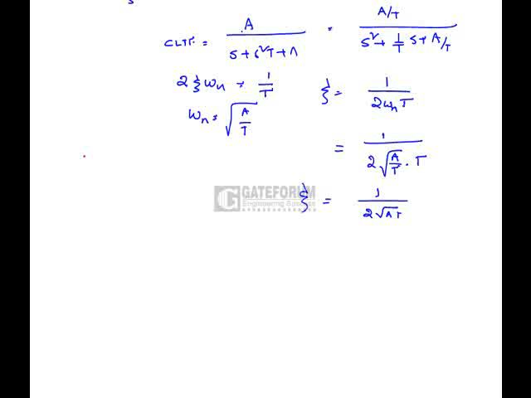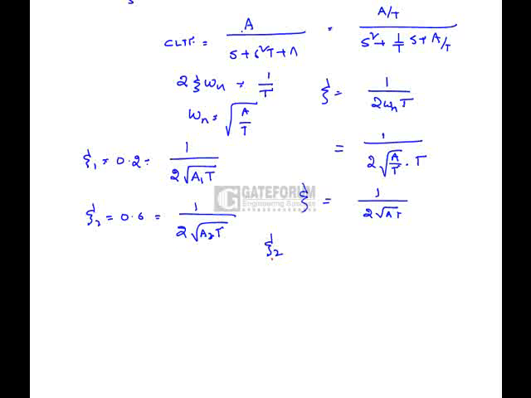This is the zeta. Zeta 1 is 0.2, which is 1 by 2 under root A1 T. Zeta 2 is 0.6, 1 by 2 under root A2 T.